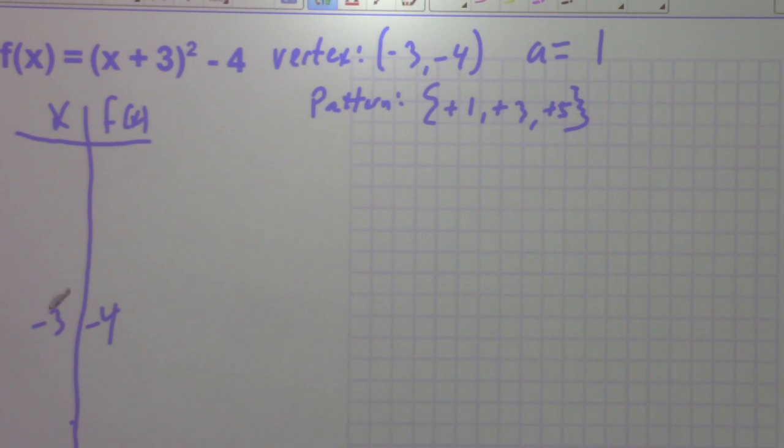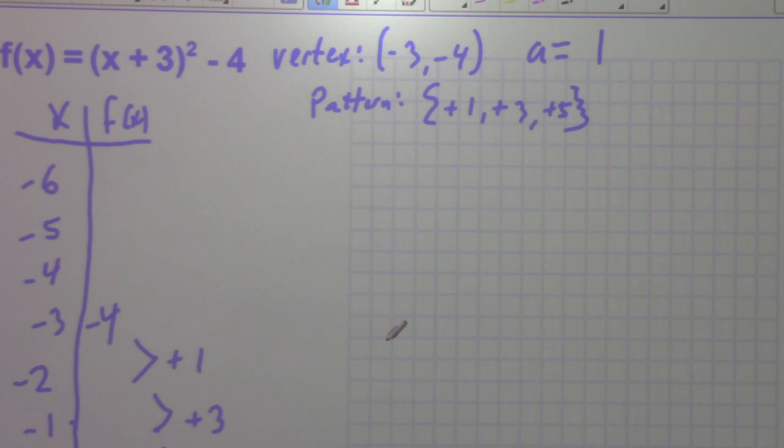And for a table, what can we do? Go up, right? So we can go -2, -1, 0, and what goes over here? -4, -5, and -6. And now we still have our pattern, don't we? +1, +3, +5.